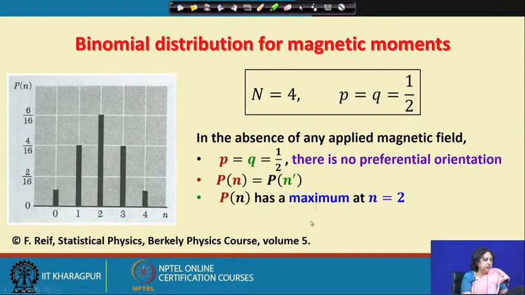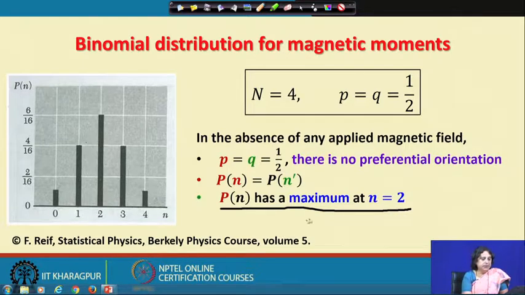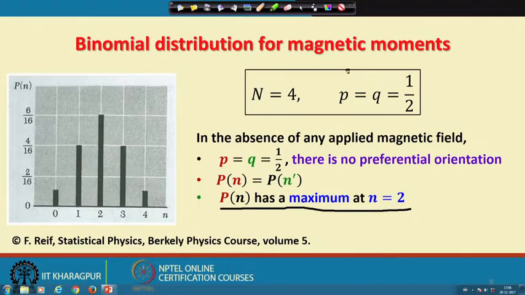I also see this very important characteristic that P n has a maximum at small n equal to 2. Please note that under this condition where p is equal to q, the value where the maximum appears is actually capital N by 2.